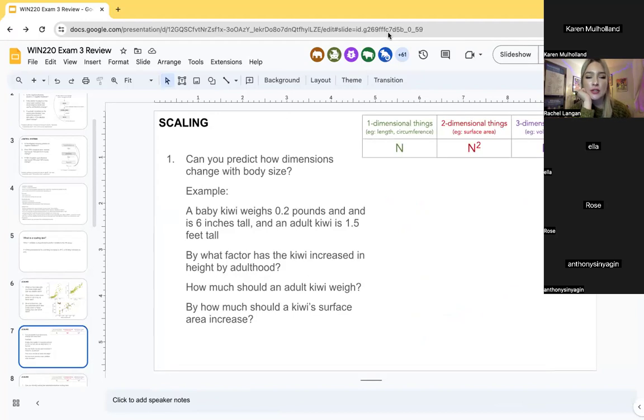Okay, so the next thing he wants you to know about scaling is, can you predict how dimensions change with body size? And again, this is just those scaling laws. And basically what you'll need to know is this chart here. So you should know that one-dimensional things will change by some factor n, two-dimensional will change by n squared, and three-dimensional by n cubed.